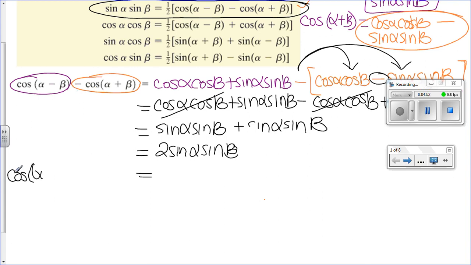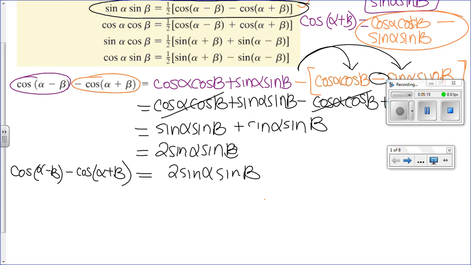Now what we're going to do is divide everything by 2.